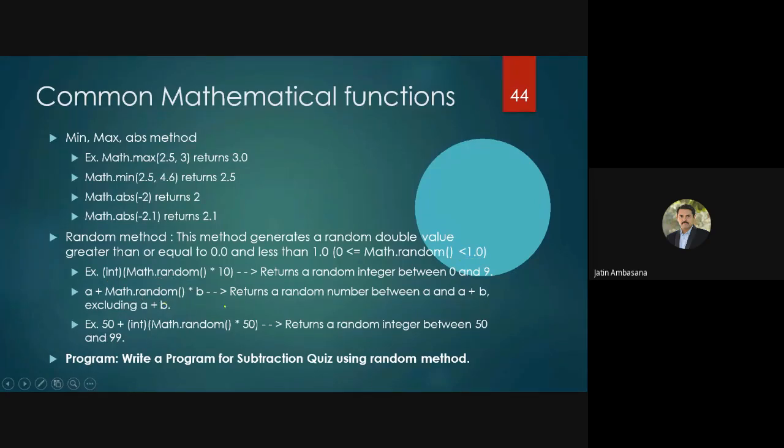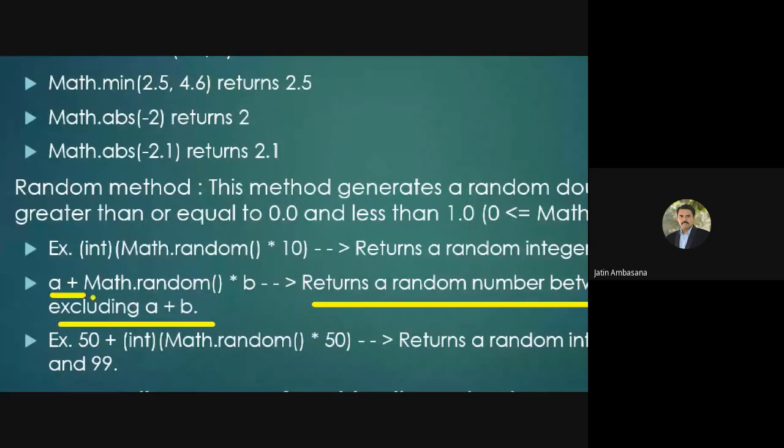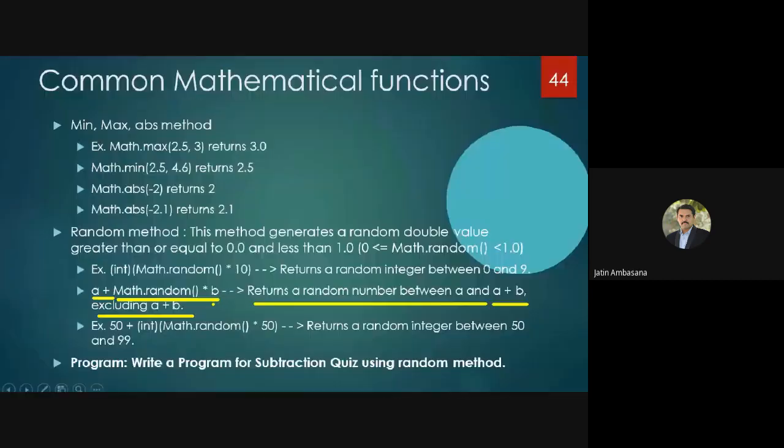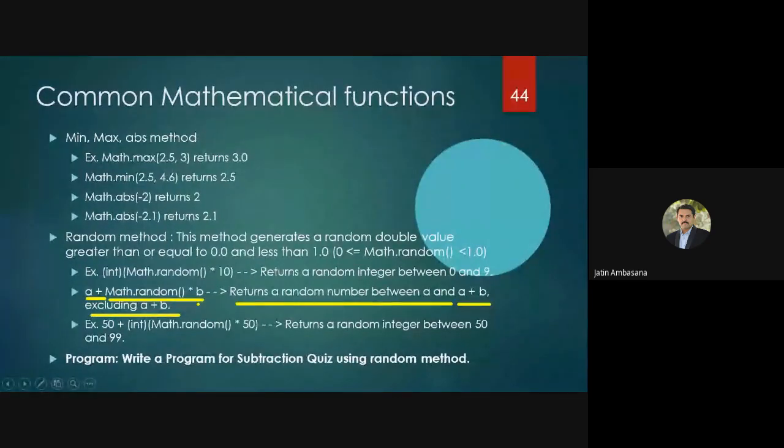Similarly, if you want a number between a and a plus b, excluding a plus b, you do a plus Math.random times b. Try this out. These are some very popularly used methods to work with random numbers.